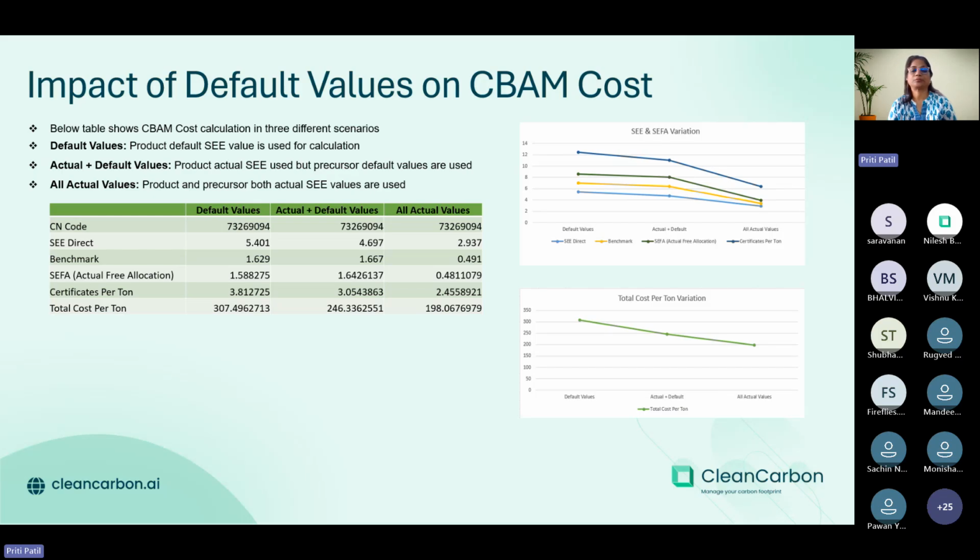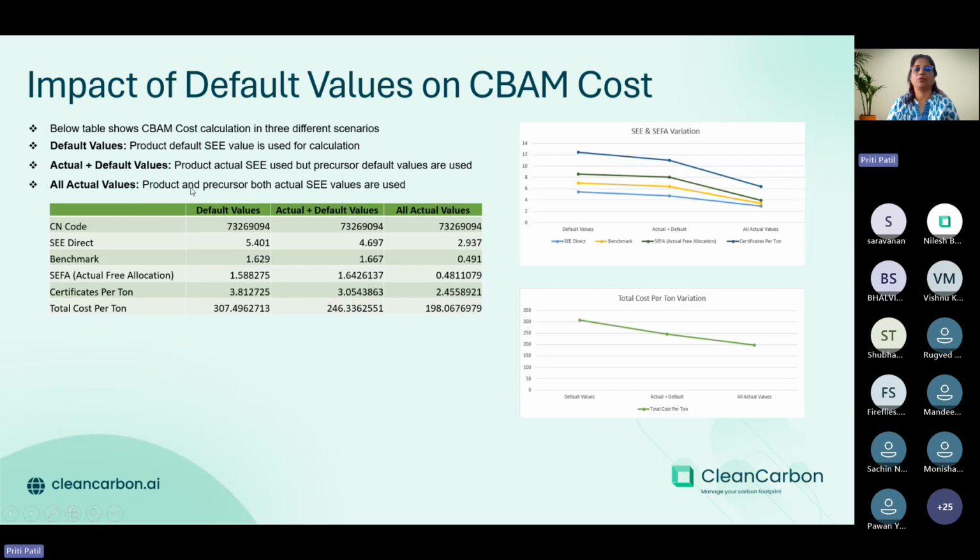You are forced to use the default values for the precursor. So this is the second scenario, which is where many of our customers currently are, but it's not a good scenario to be in. Best is you have all the actual values.